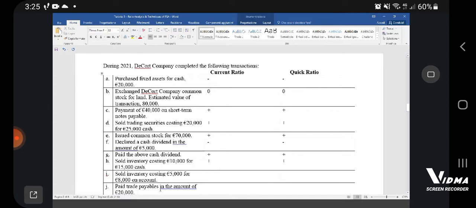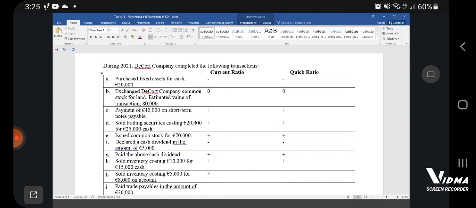Sold inventory costing 5,000 for 80,000 on account though, not on cash. What does that bring to the both ratios? Now, if I sell inventory 5,000 and I exchange this with 80,000 in trade receivables, again the current ratio will increase because the current assets will increase by 3,000. Okay?